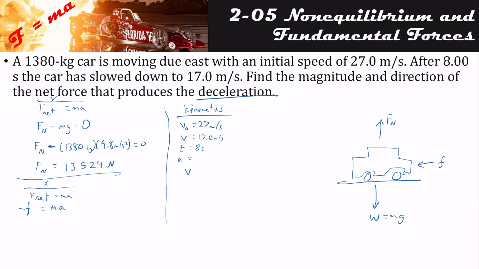So I could say v equals at plus v0. Subtract the 27 and then divide by the 8 seconds, and I get negative 1.25 meters per second squared.